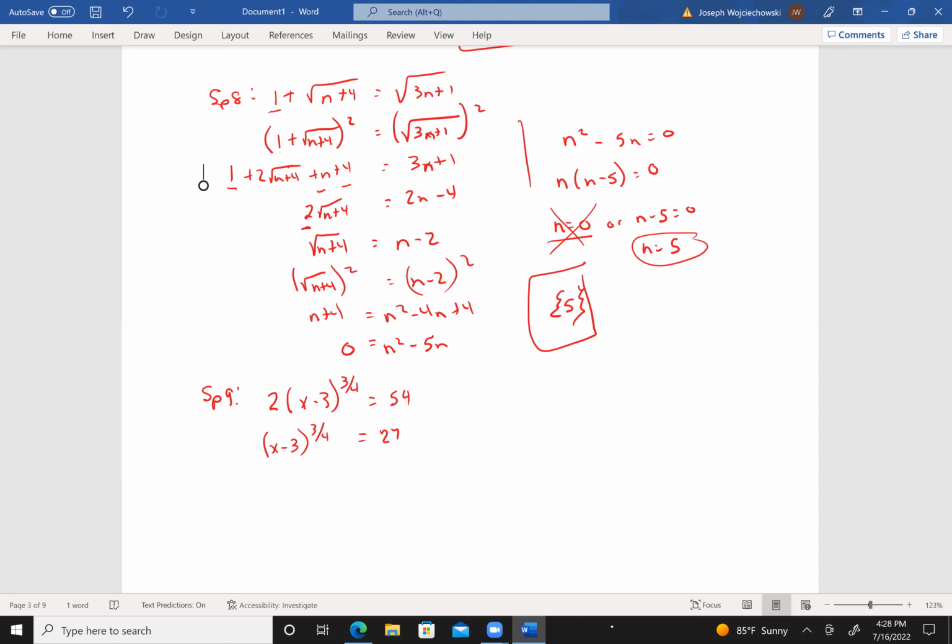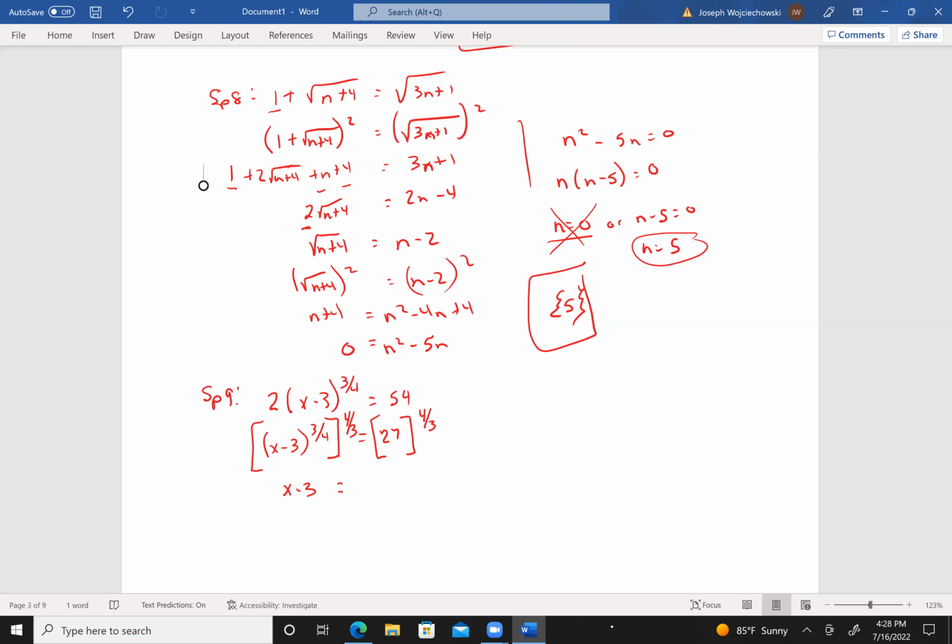Now, there's a couple ways we can do this. One way is to take everything to the 4/3 power. So this gives me x minus 3.